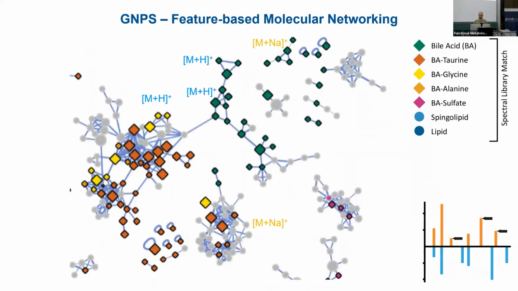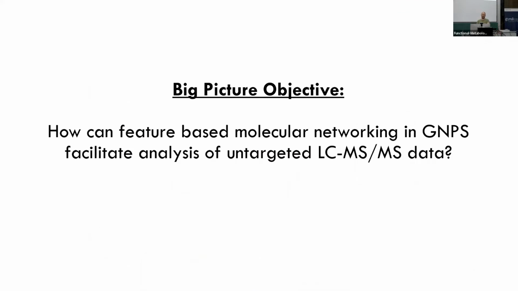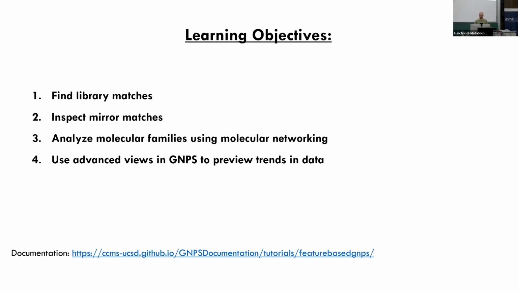All right. So, coming to the big picture objective of today: how can we now leverage feature-based molecular networking to provide annotation and interpret our data set? We're going to look at a couple of different things.